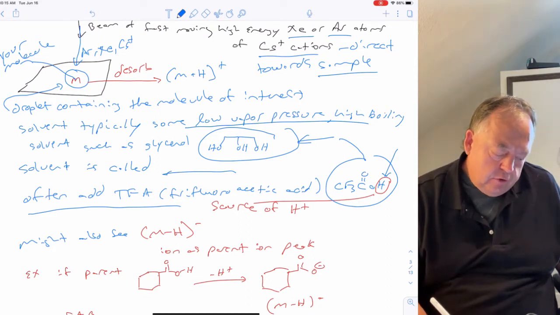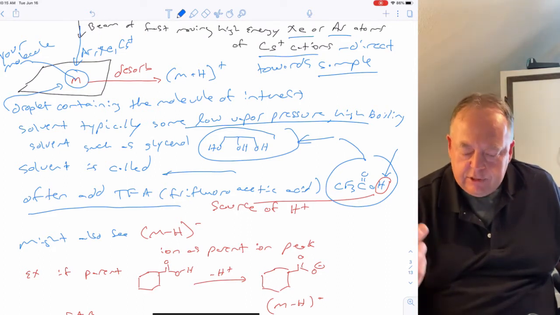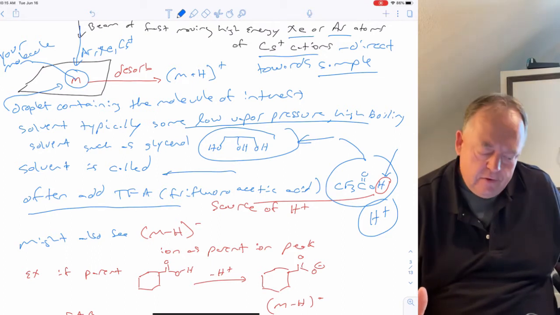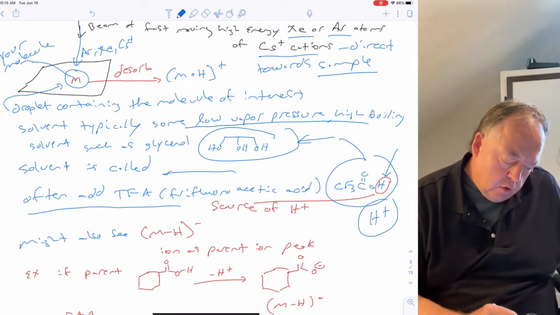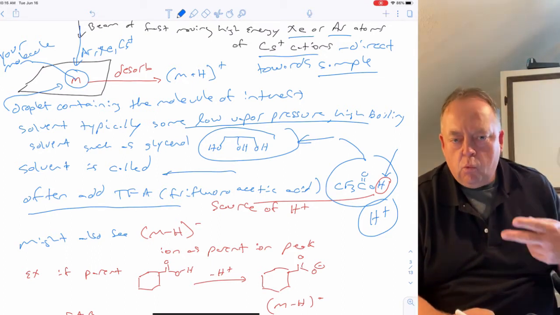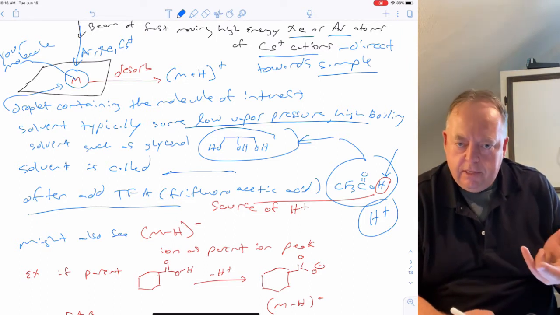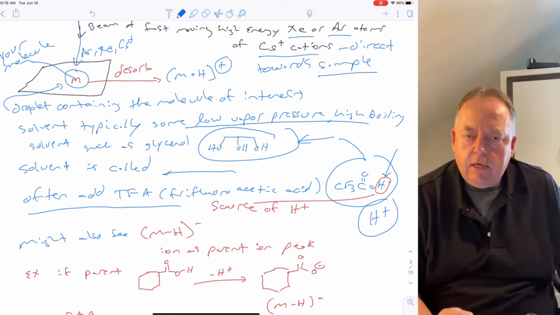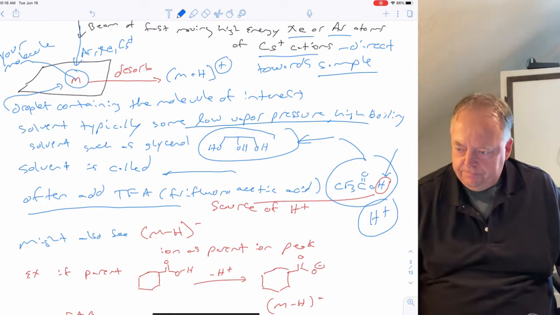So when your molecule desorbs from the surface, it may take a hydrogen from trifluoroacetic acid with it, an acid H+, and that gives charge to your molecule. So now you have your molecule with an extra hydrogen, so it's one mass unit higher than it would be, and it's charged. So now it can be accelerated in the mass spectrometer.